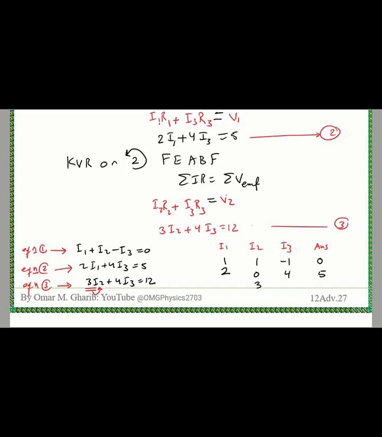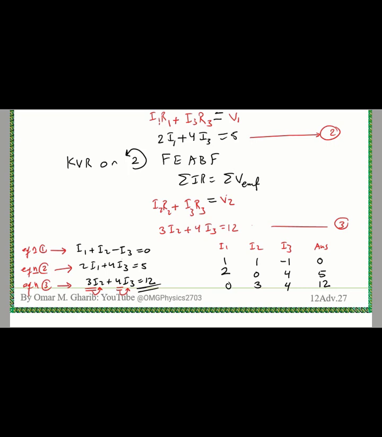I'll put here 3. The factor 4, it is the factor for I3. So I put it in the column of I3. Here, 4. And the 12 is the answer for this equation. We are finished with the equation without any factor for I1, so I put it as 0.